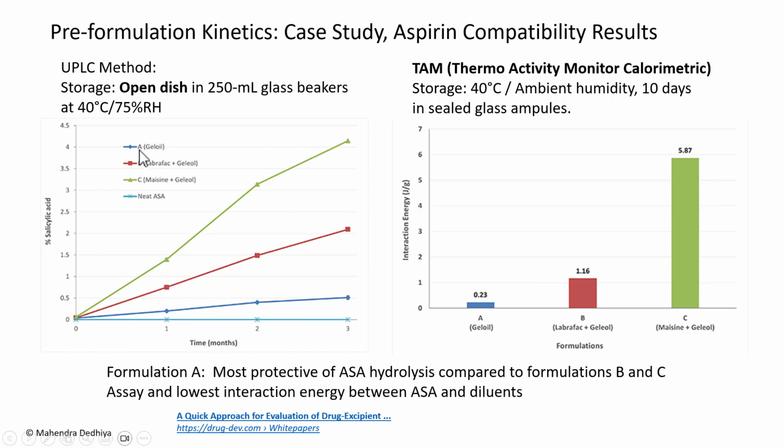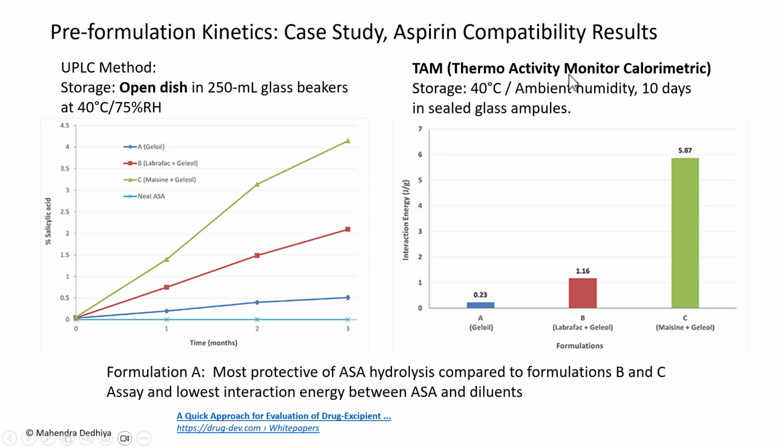When stored in an open dish container, all 3 different solvents show degradation, which is least in Gelucire. So this type of information is helpful to rule out the use of Labrafac or Maisine formulations and focus on Gelucire for further development.